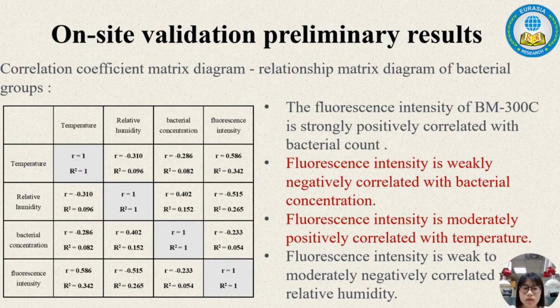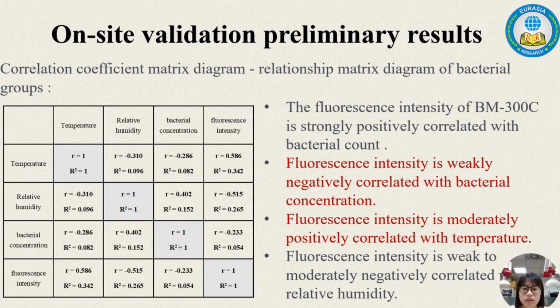Here are the outdoor findings. We got a matrix diagram showing the connection between bacterial communities. From the picture, we can see a slight negative link between fluorescence intensities and bacterial concentration.